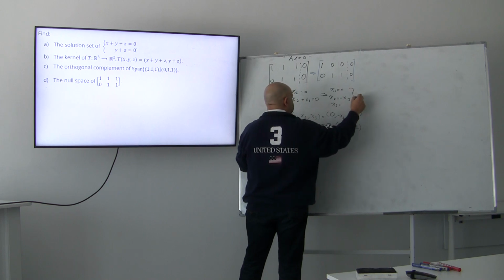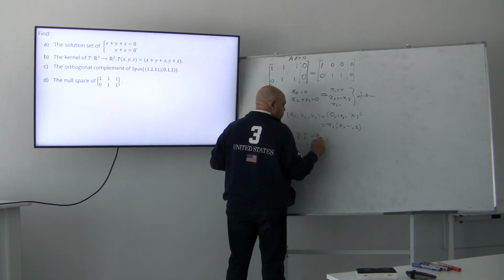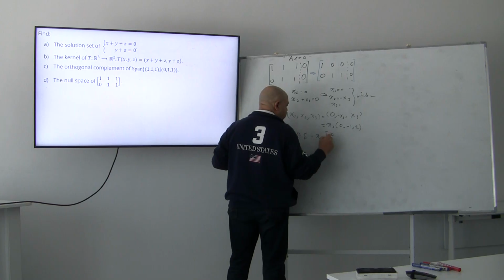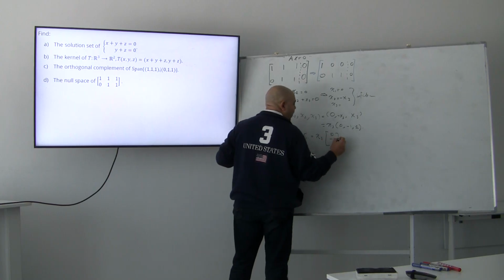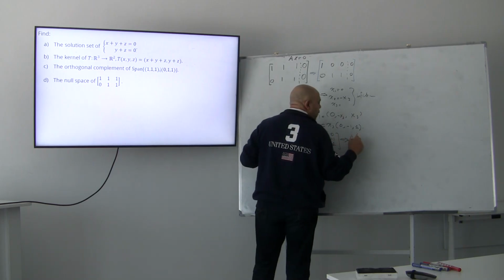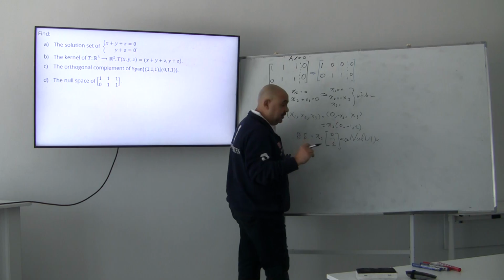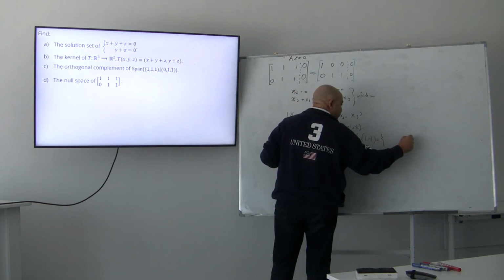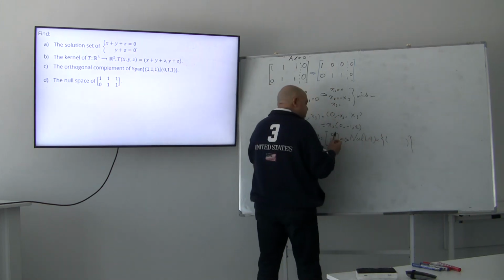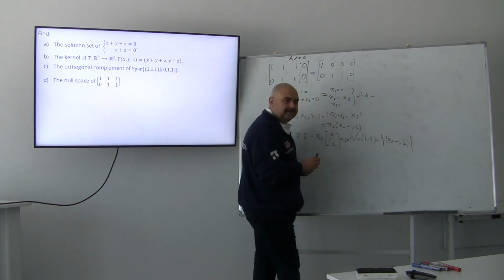Of course, this is an infinite number of solutions, so the solution set is simply x3 times (0, -1, 1). And we can say that the null space of A, or the solution space, can be expressed as the set of copies of this vector, which is (0, -1, +1).